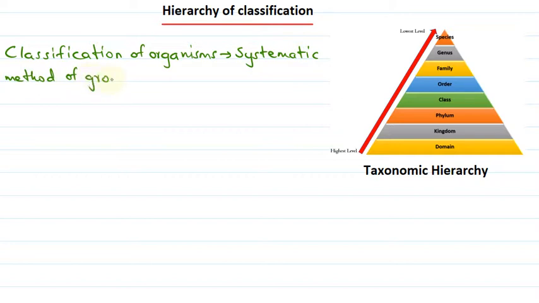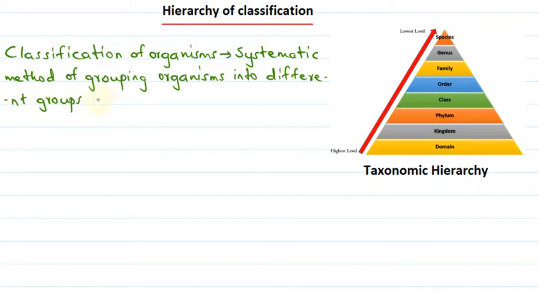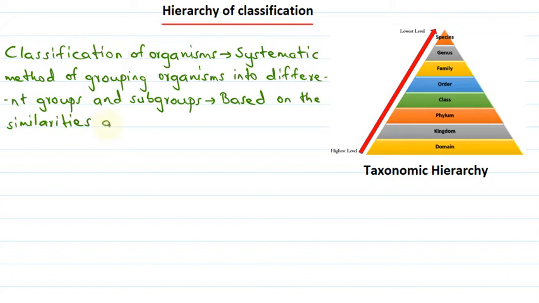Of grouping the living organisms into different groups and subgroups, and this method of grouping is based on the similarities between the organisms as well as the differences between them.